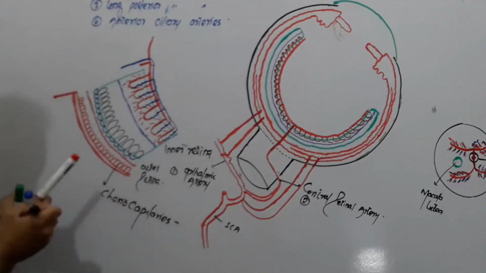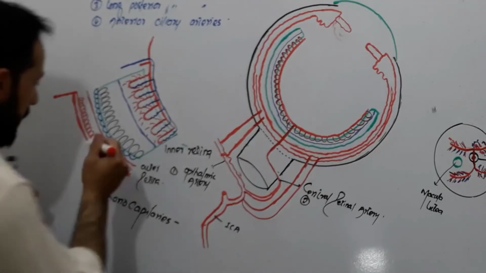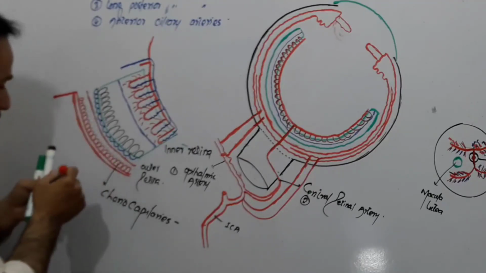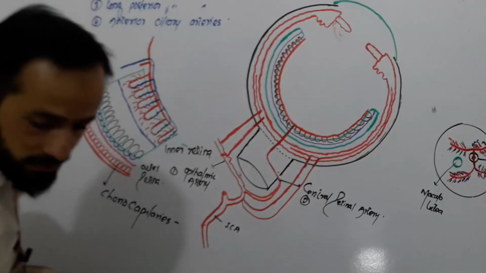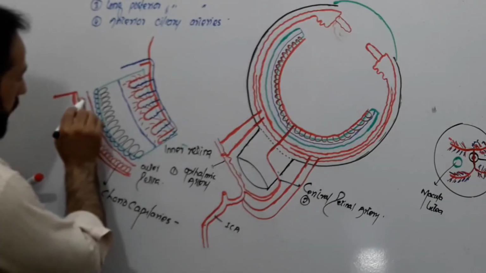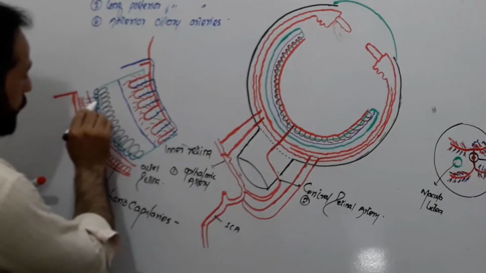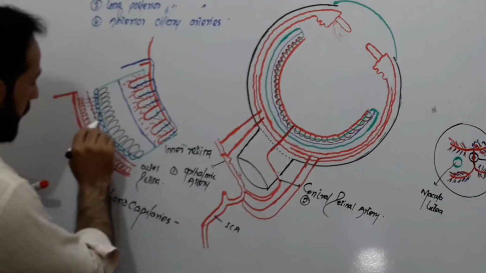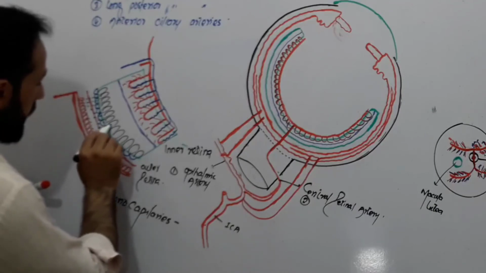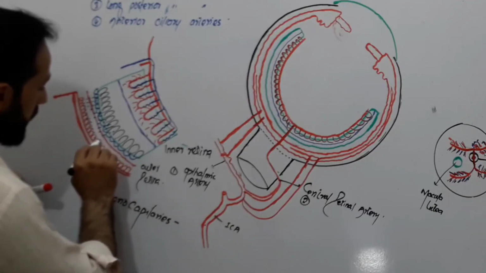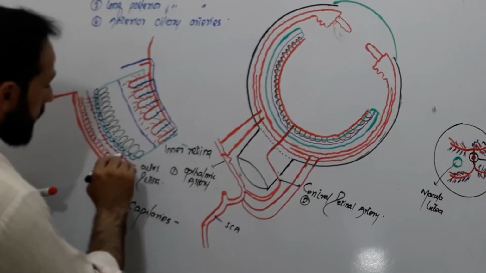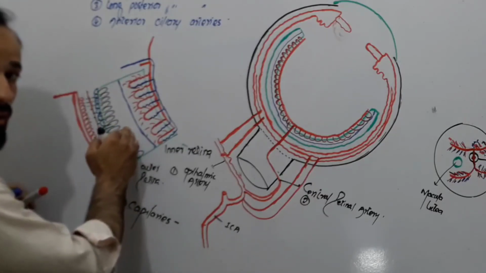Choriocapillaries, right? And from these choriocapillaries, nutrients and other substances will diffuse towards the retinal pigment epithelium, right friends, like this. So we say that the outer part of the retina has no arteries and veins inside it, right?